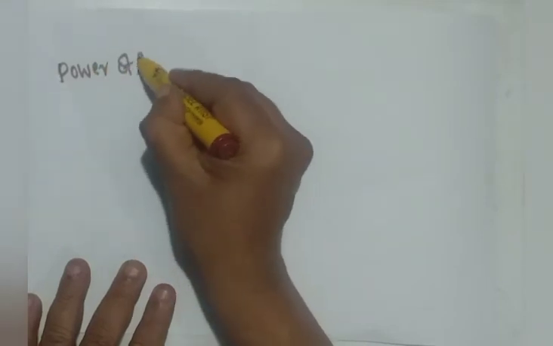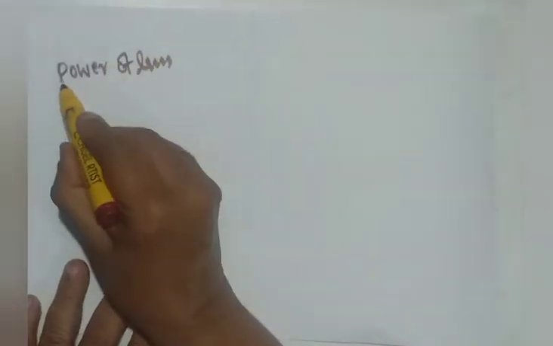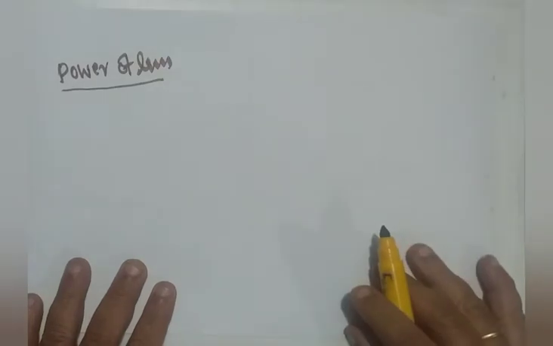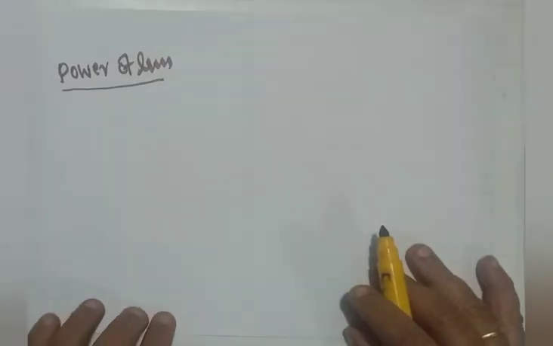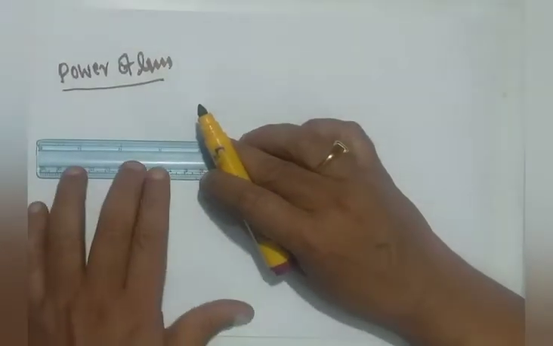Therefore, our idea now is, what is the ability of a lens to bend the light ray or deviate the light ray from its path. That ability is what we call the power of lens. So now our concept is to learn the power of lens, that means the ability of the lens to bend the light ray. That we learn now in the form of a technical definition.